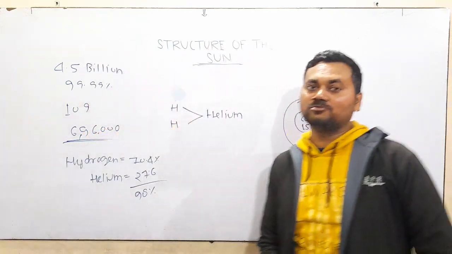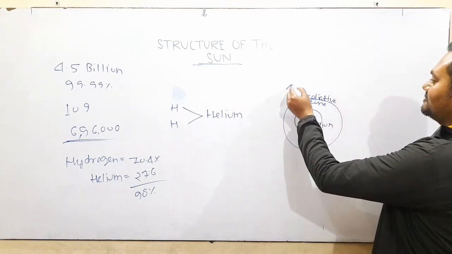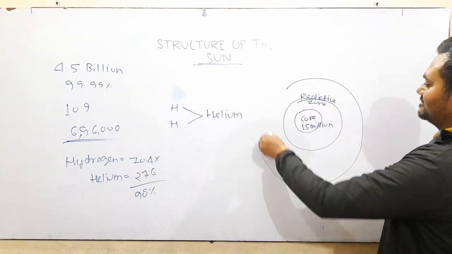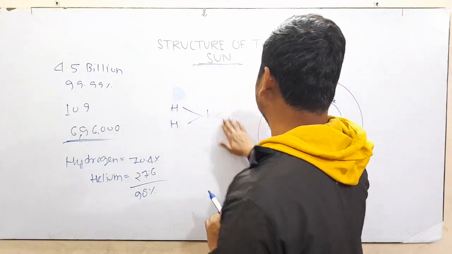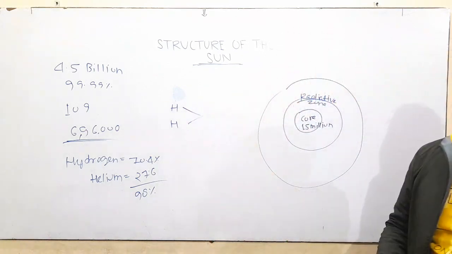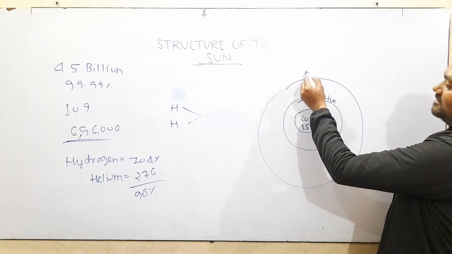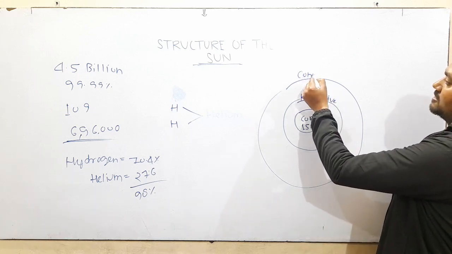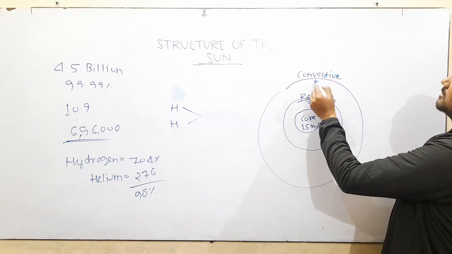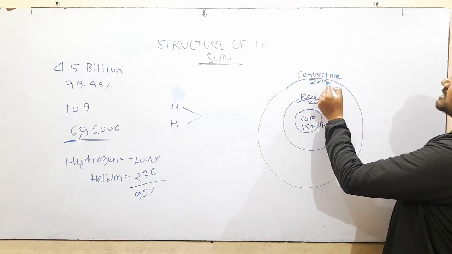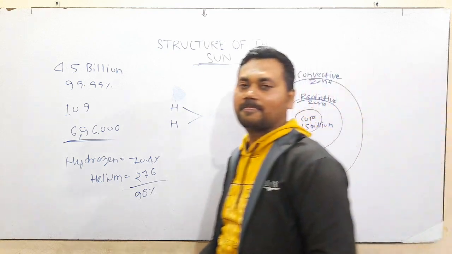After the radiative zone, the third layer is known as what? Third layer. It is called the convective zone.